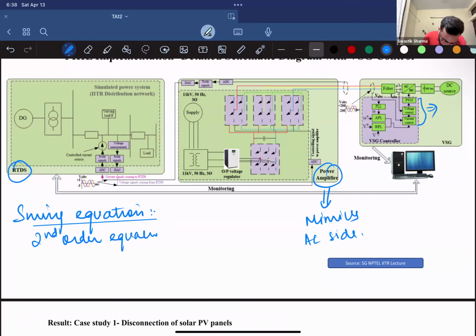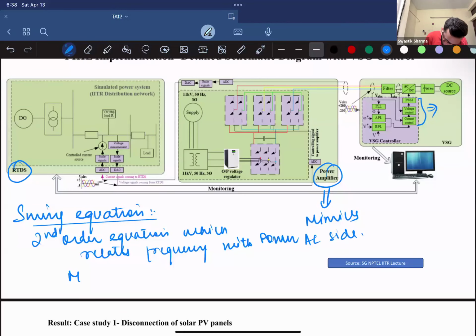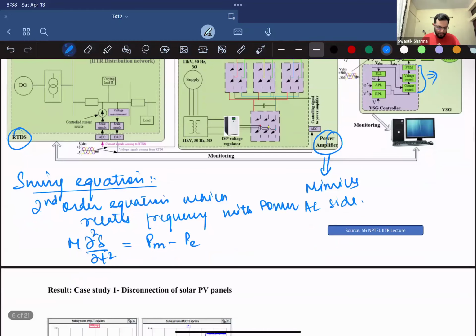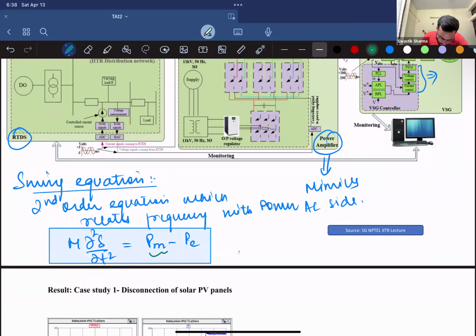It is a second order equation which relates frequency with power. So what exactly these look like is something like this. What this equation does is it relates your mechanical input and your electromagnetic torque.